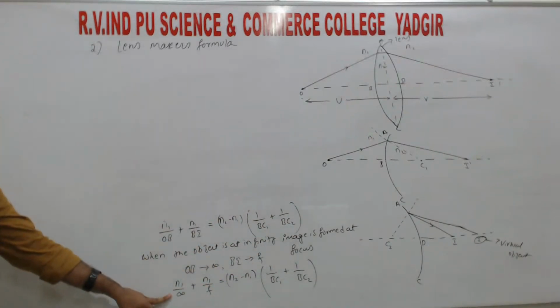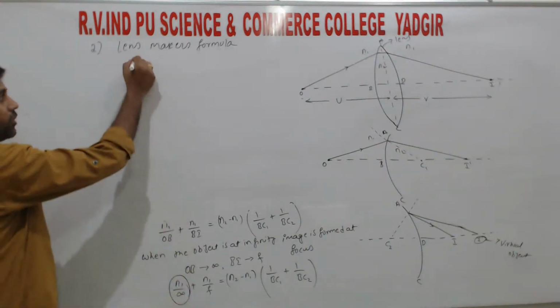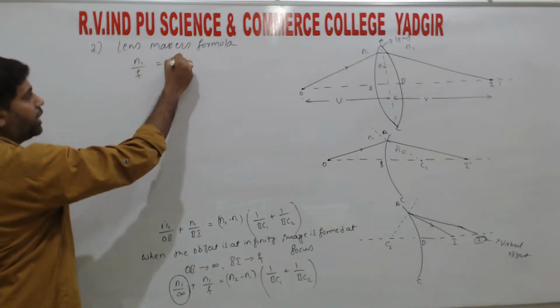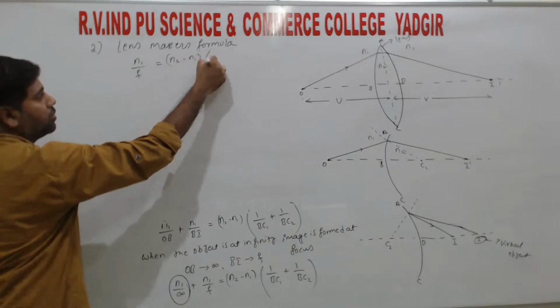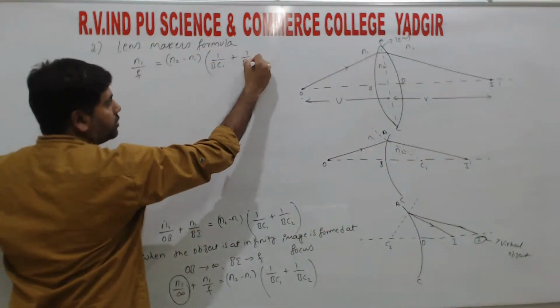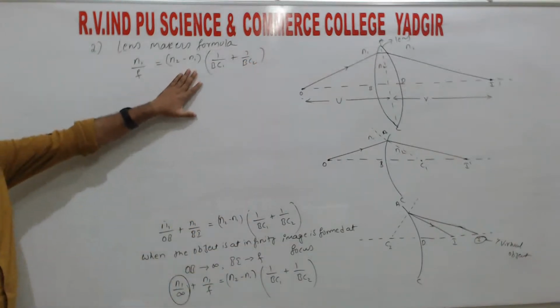So 1 by infinity is 0. So this term becomes 0. So only the term n1 by f remains, equals n2 minus n1 times 1 by BC1 plus 1 by BC2, right? Since that term is 0, the remaining expression is obtained.